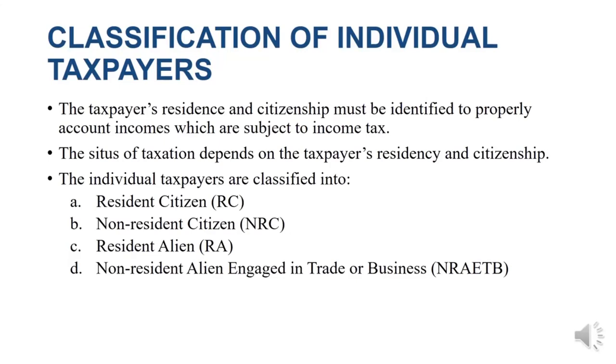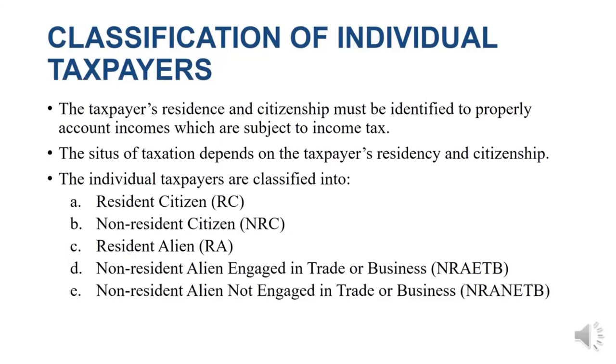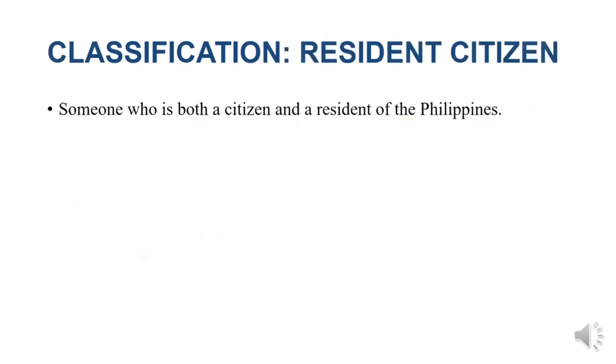Or finally, a taxpayer can also be a non-resident alien not engaged in trade or business, or NRA-NETB. So these are the five classifications of individual taxpayers. So we'll discuss each of them later on. So a resident citizen is someone who is both a citizen and a resident of the Philippines, like you.